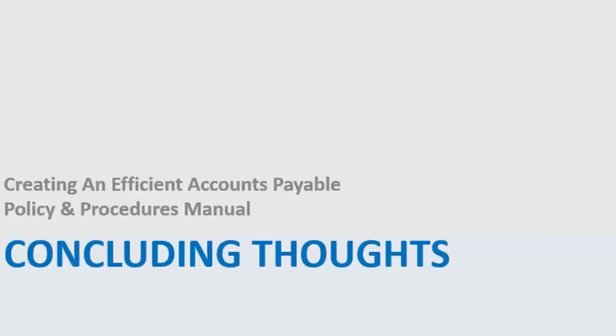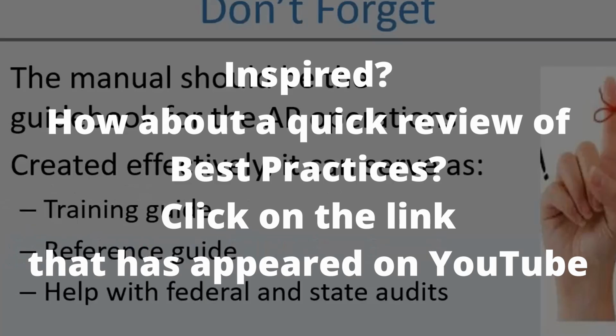Concluding thoughts, and then any more comments from you guys. Don't forget, your manual is a guidebook for your accounts payable operations, the way it operates. If you create it effectively, it can not only document what you've been doing, it can be useful as a training guide, and also your supervisors and even your processors should be using it as a reference guide when they have a question about how something should be done.